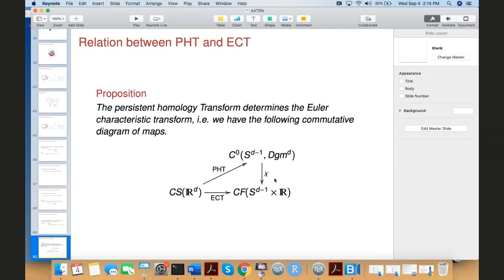You have this commutative diagram, and the persistent homology transform has extra information over the Euler characteristic transform. As I get further along and talk about applications, I'll state why we're using one of the transforms or another.